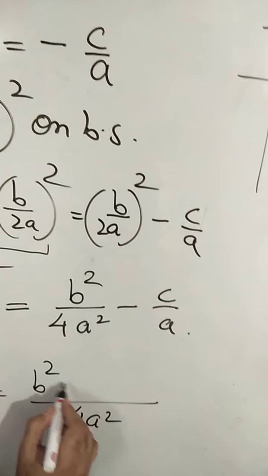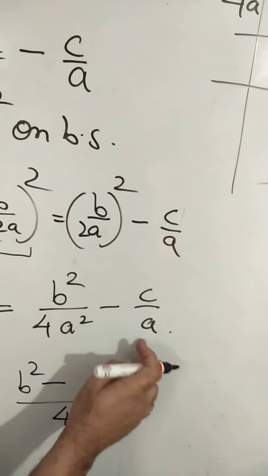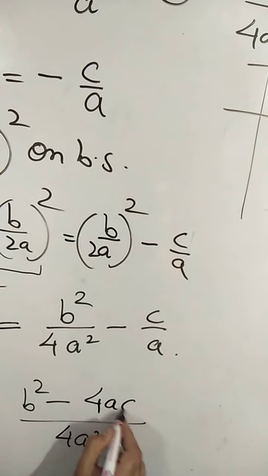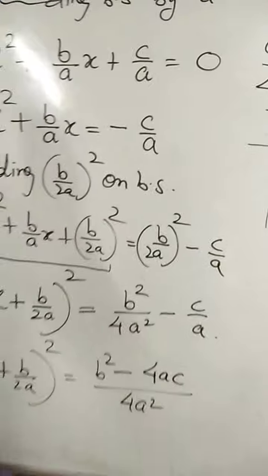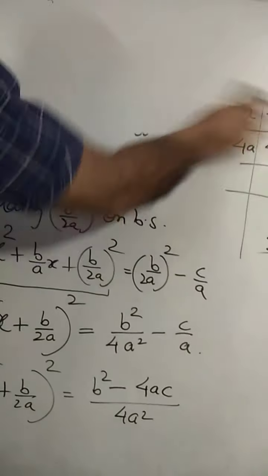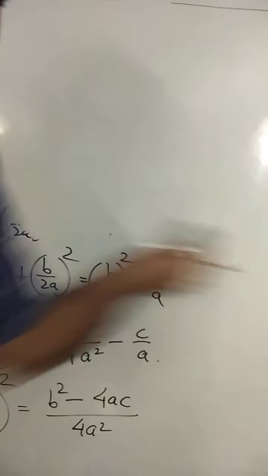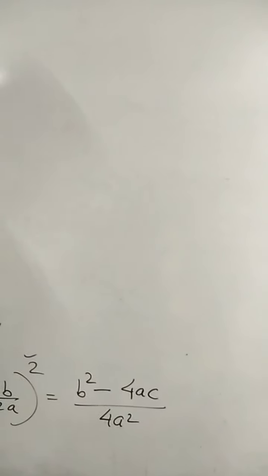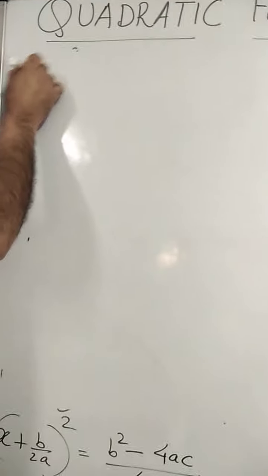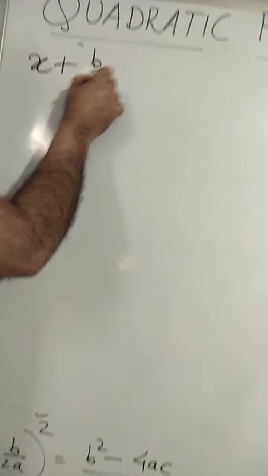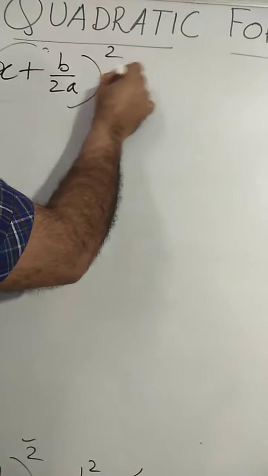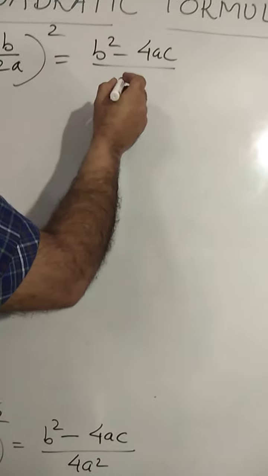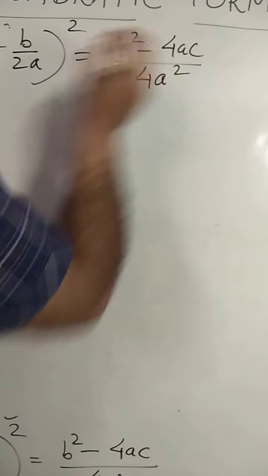This is b square minus 4a square divided by a, that is 4ac. Now taking the square root on both sides, we can say. So this is the last step. We got x plus b over 2a whole square equal to b square minus 4ac upon 4a square.